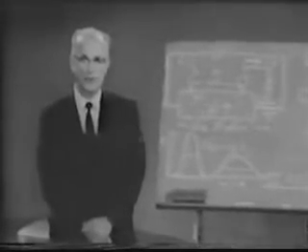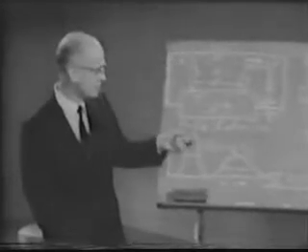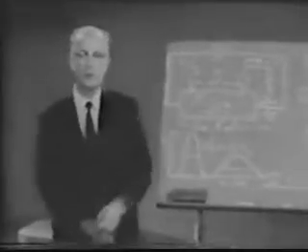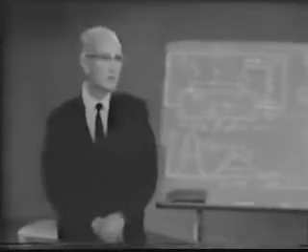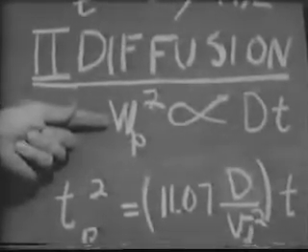The only dimensionally correct relationship between W sub p, the transit time t, and the diffusion constant D is W_p squared is proportional to D times t.